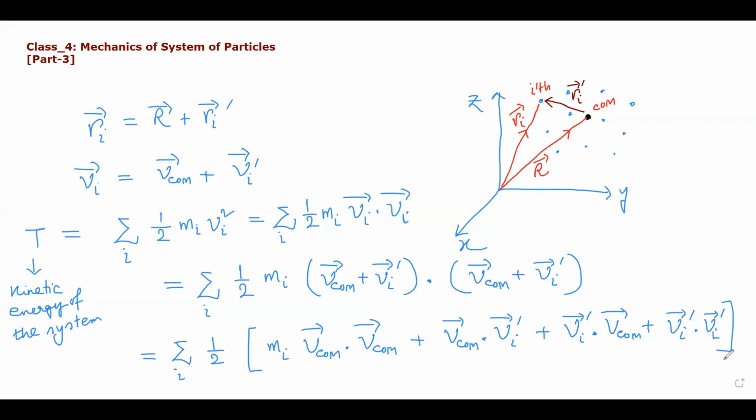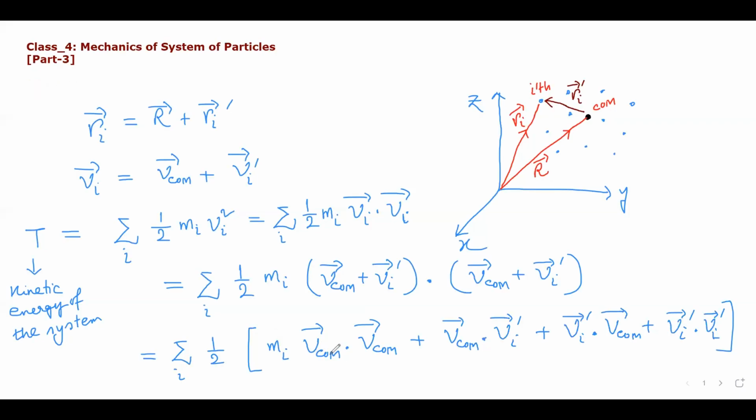So then what is the value of this? The kinetic energy T is equal to, first, this is just the magnitude of VCOM squared, and this is constant.